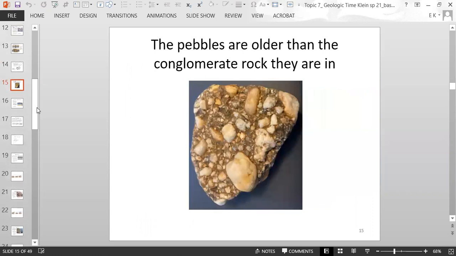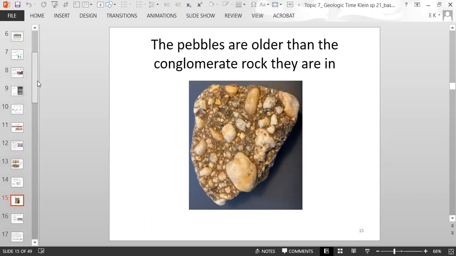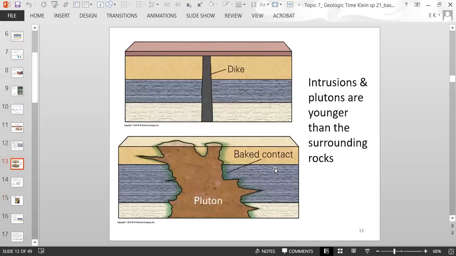Whoops. I'm just trying to go back to this. Okay, so here the pluton intruded into the sedimentary rock layers. You have contact metamorphism.